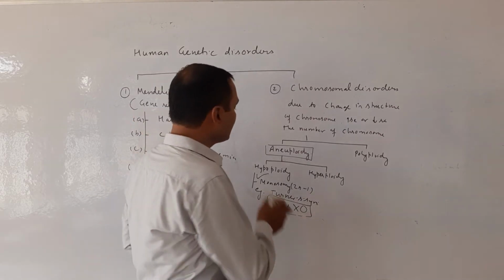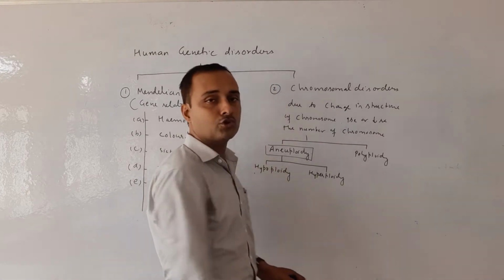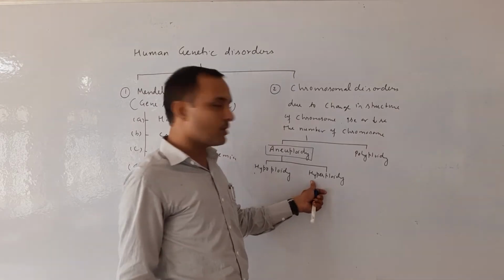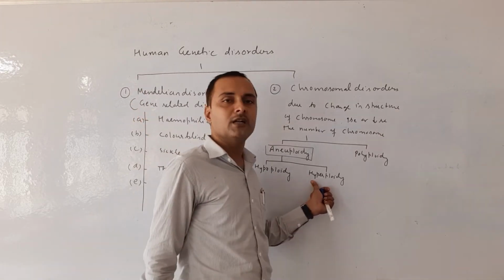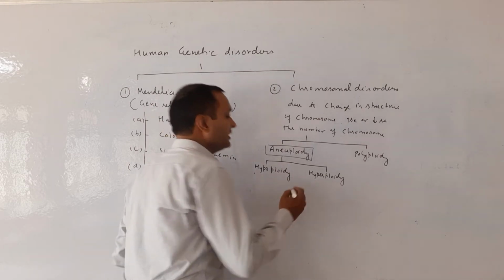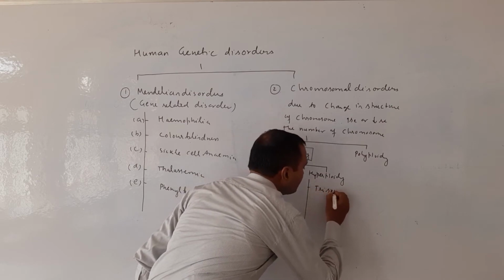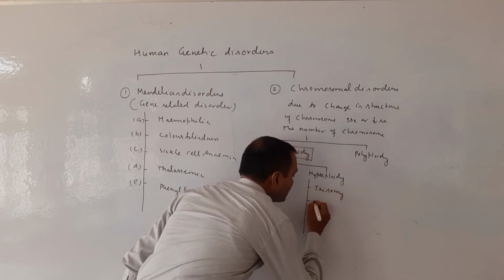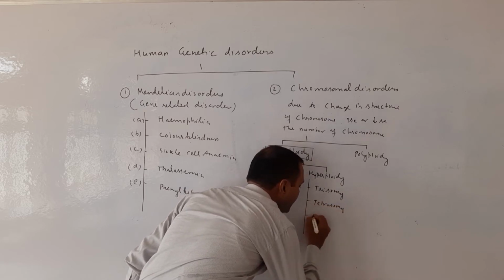Let us see hyperploidy. Hyper means more, ploidy means chromosome. In hyperploidy, the number of chromosomes increases from the normal diploid set, and it is further classified into three types: trisomy, tetrasomy, and pentasomy.